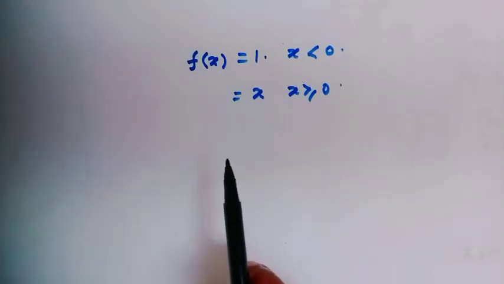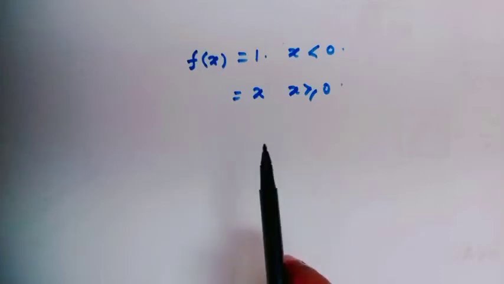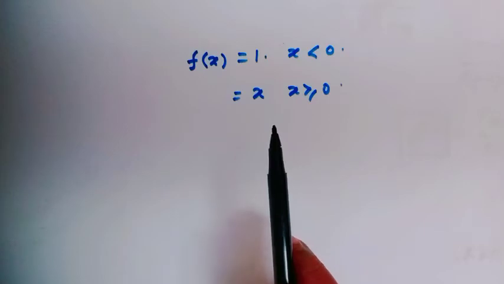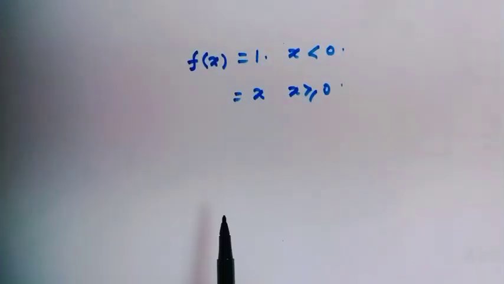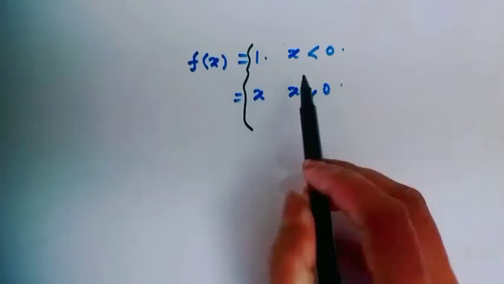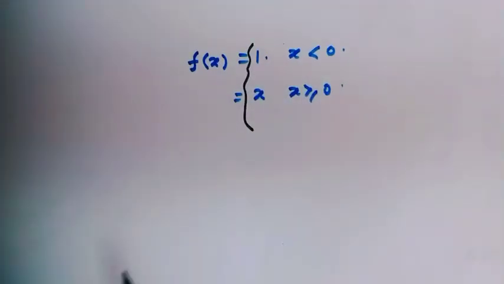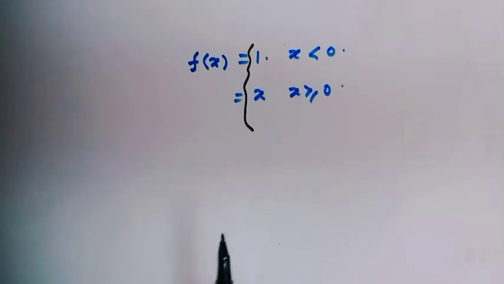But every discontinuity is not removable. There also exists another kind of discontinuity. Let us consider a new function f(x) equal to 1 when x is less than 0, and f(x) equal to x when x is greater than or equal to 0.